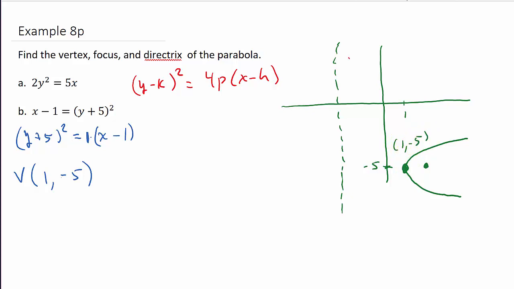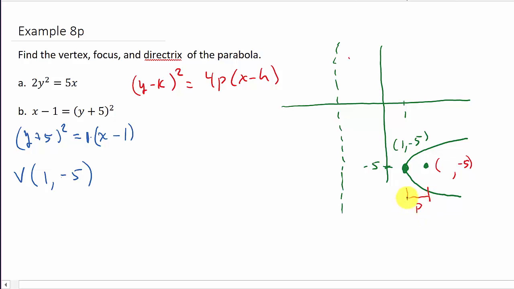Now, what's going to be the coordinates of the focus? Well, we know that the y coordinate is going to be -5 because it's not moving up or down, so it's going to have the same y coordinate as the vertex. So we've got to figure out what the x coordinate is. We know this distance from here to here is p, and the distance from here back to here is p.